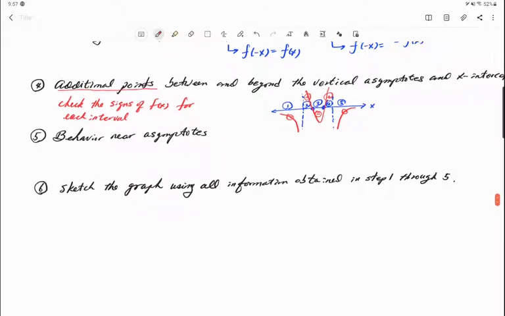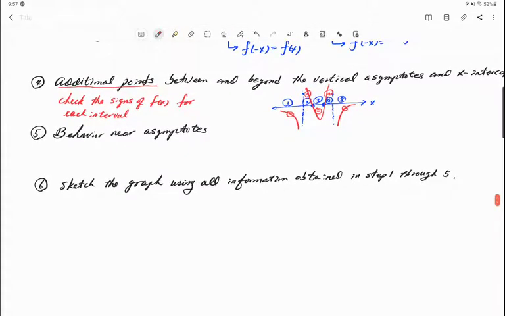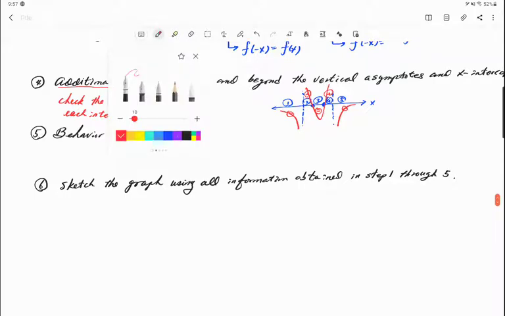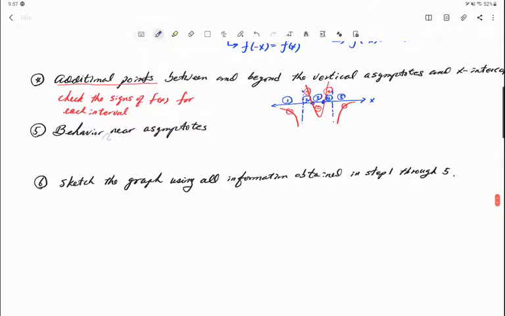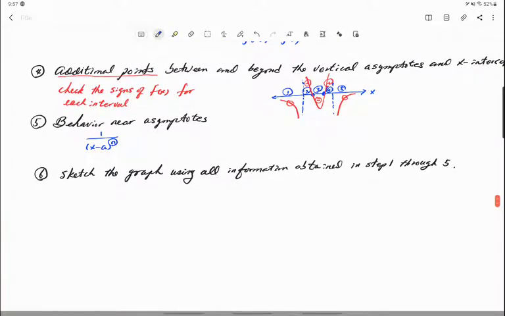All right. Now, behavior near the asymptote. Remember, if the denominator is in factored form, check this.